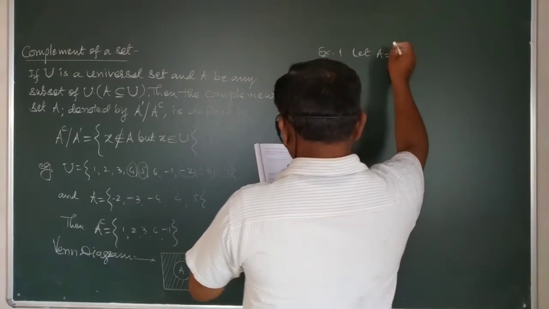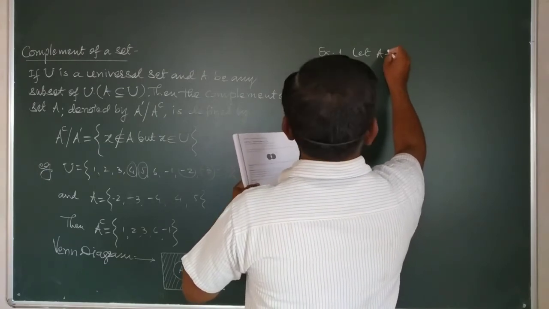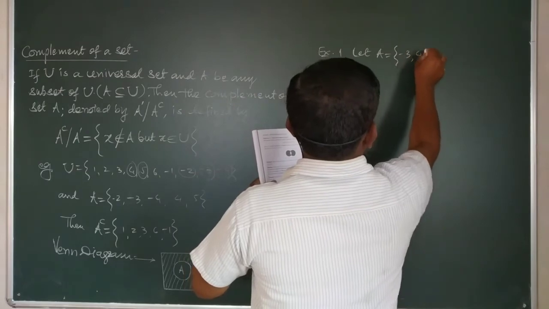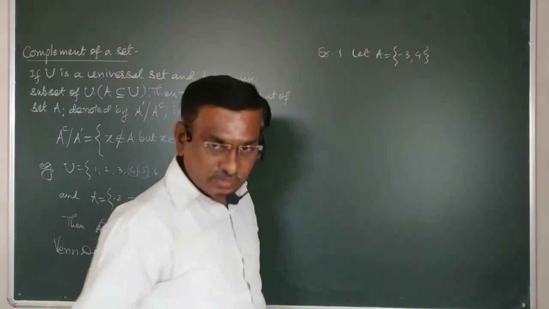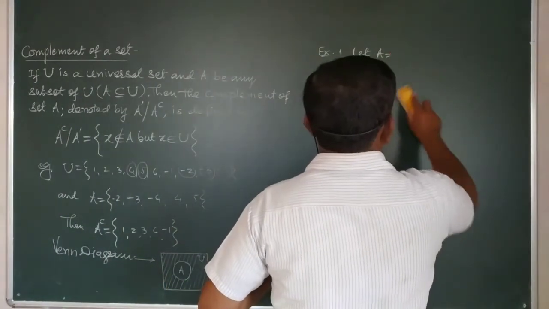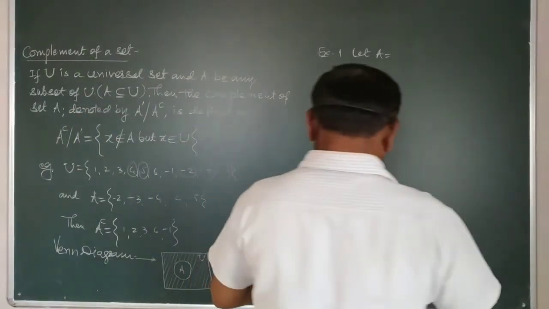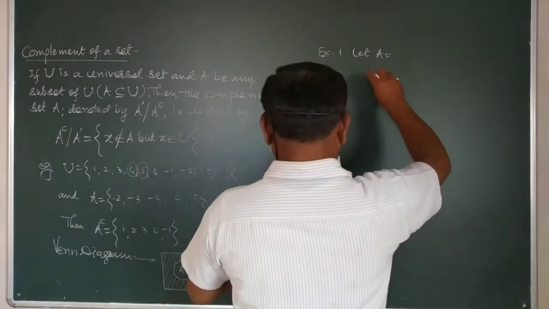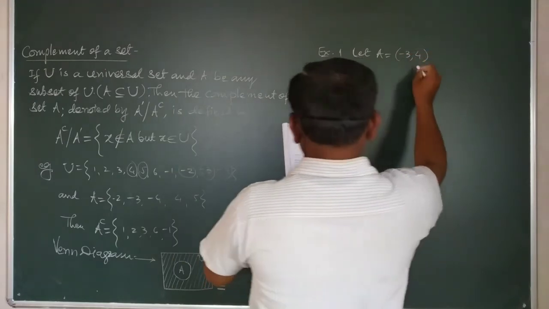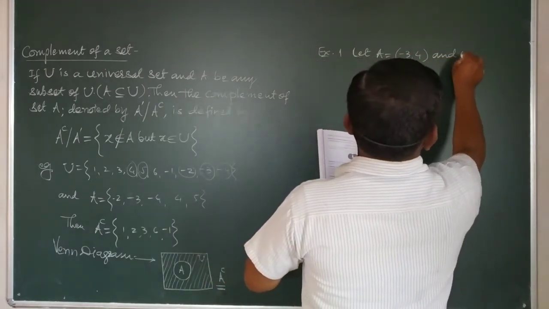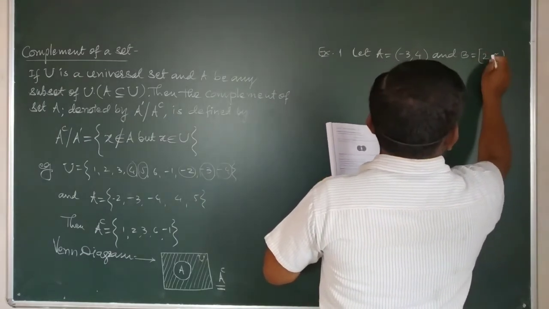Let A be the set, minus 3, 4, in interval, let me take interval. A is an interval, and interval is a set, which we will see how it is a set in the next lecture, but let us consider the example first.